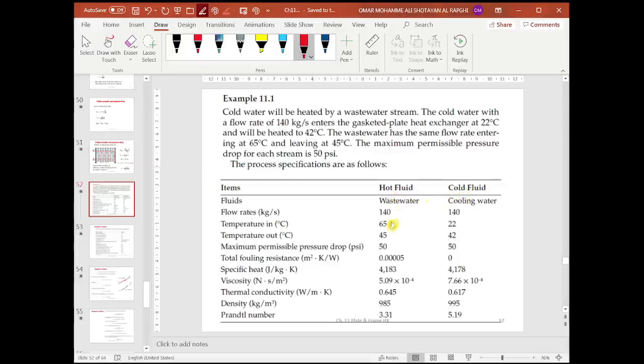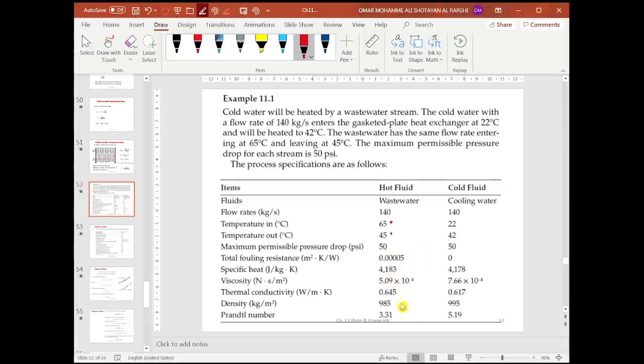The hot fluid enters at 45 degrees and exits at 45. The mass flow rate is the same for both of them, 140 kilograms per second. The cold fluid enters at 22 degrees and leaves at 42 degrees. The maximum pressure allowed for both streams is 50 psi. The fouling factor is 0.0005.